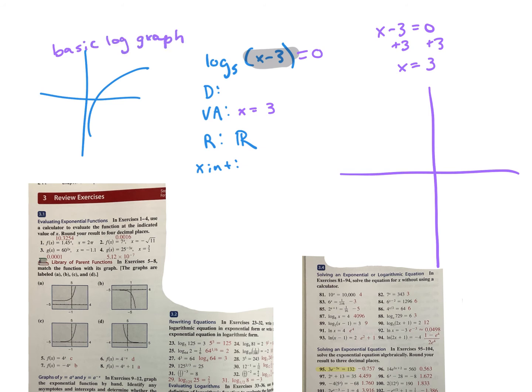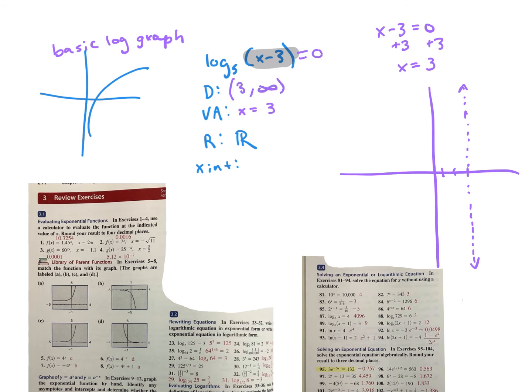If we didn't have any transformations, our log graphs has that shape. Here, our vertical asymptote goes through 3. So 1, 2, 3. There's a vertical asymptote. So that means our domain is going to be 3 to infinity.